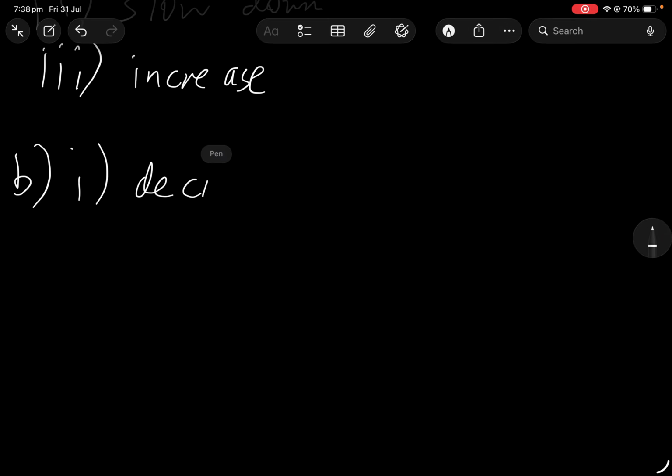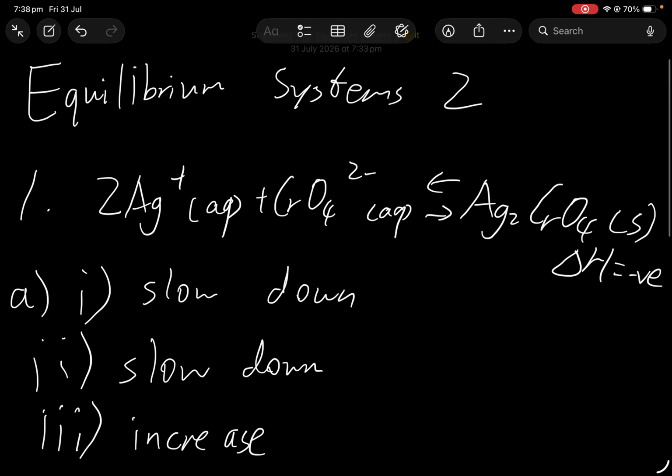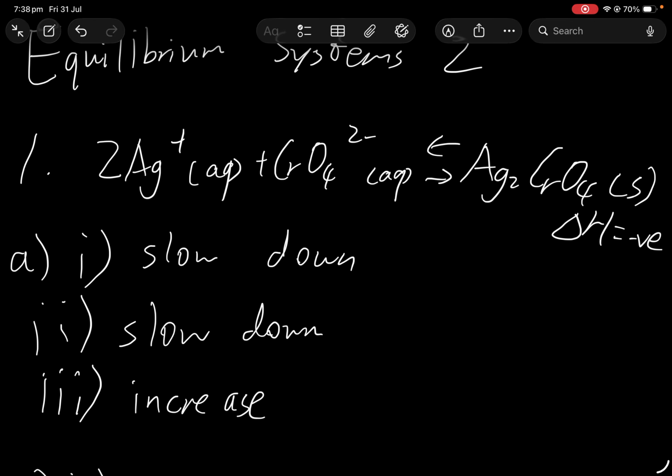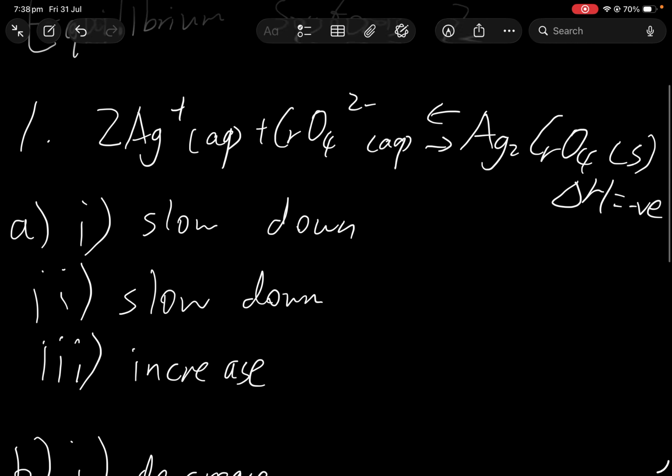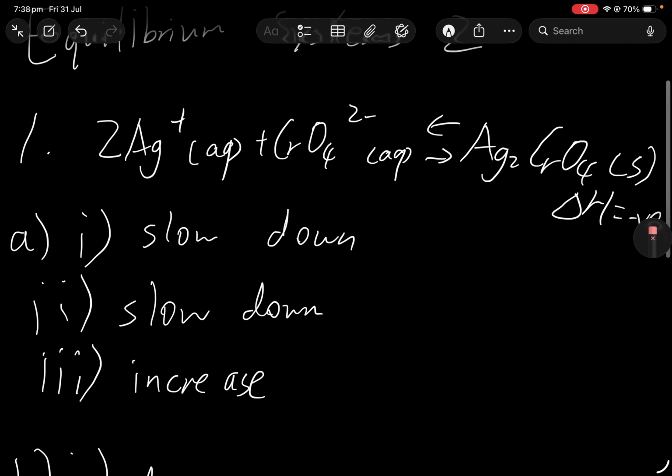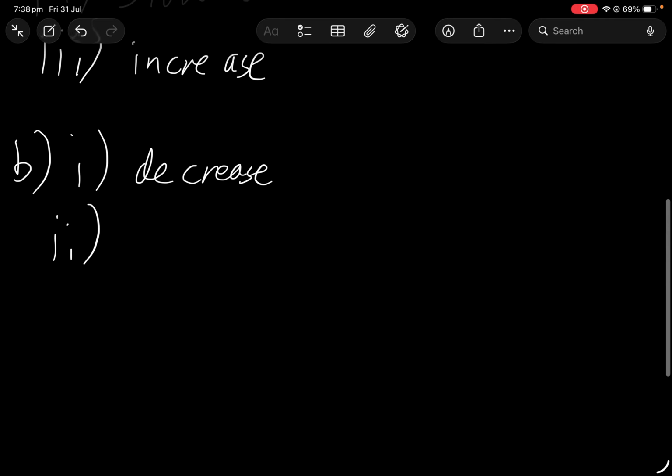Part 2 says solid Ag2CrO4 is added to the system. Solid increase should mean the reverse reaction is increased, but because it's a solid, it won't change the concentration of the left hand side, so nothing will happen. No change.